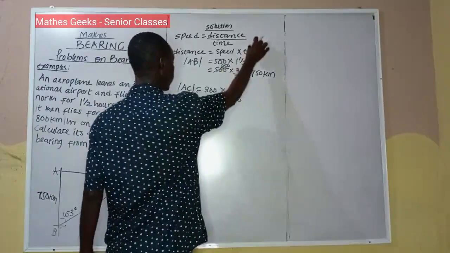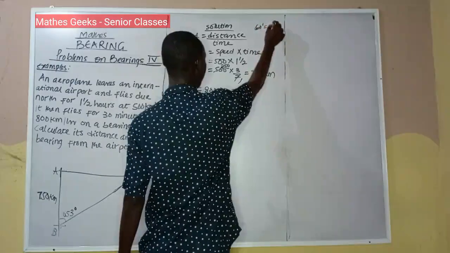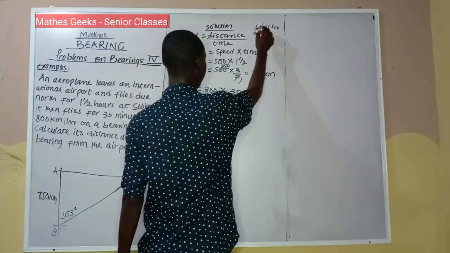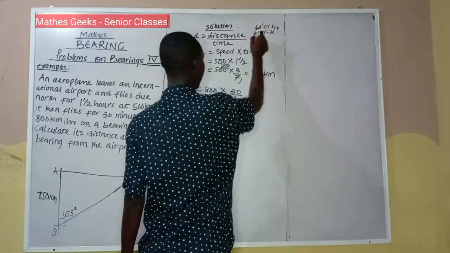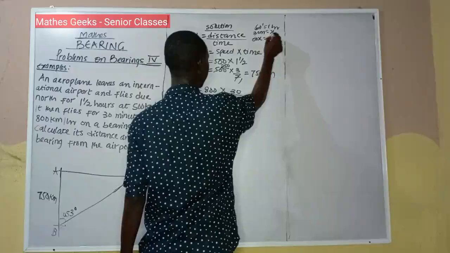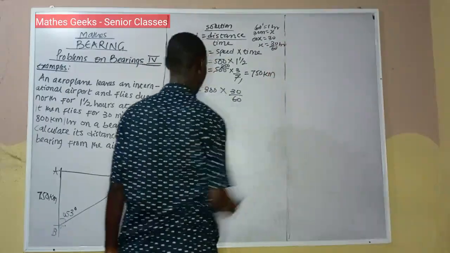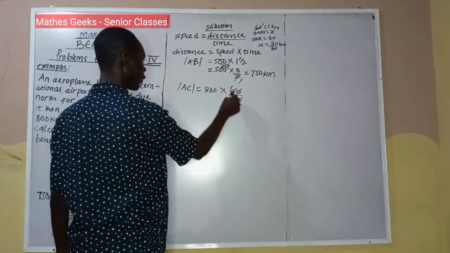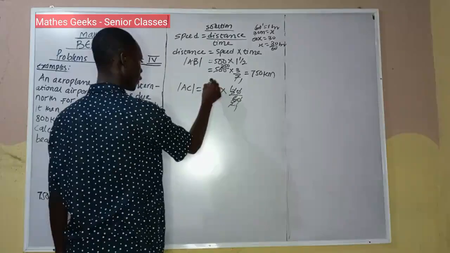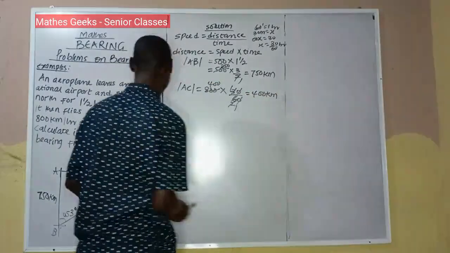Since 60 minutes is equal to 1 hour, and 30 minutes is equal to x hours, cross multiply: 60x equals 30, and x equals 30 over 60 hours. So 0 cancels 0, and 800 times a half is 400. That's equal to 400 kilometers.